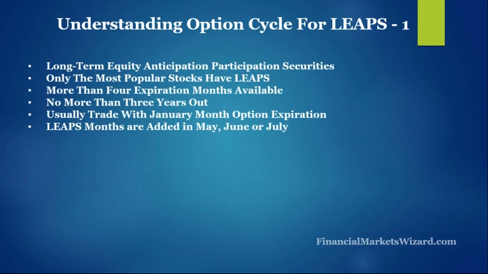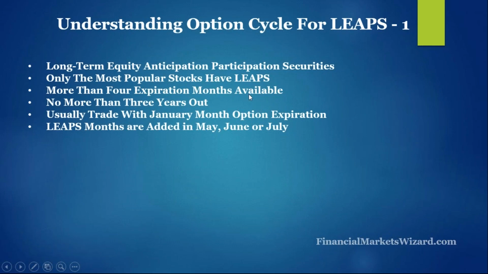Okay, so understanding option cycles for LEAPs. What are LEAPs? Long-term Equity Anticipation Securities. That's the whole explanation for LEAPs. LEAPs are longer-term options, and they are only available for the most popular stocks.